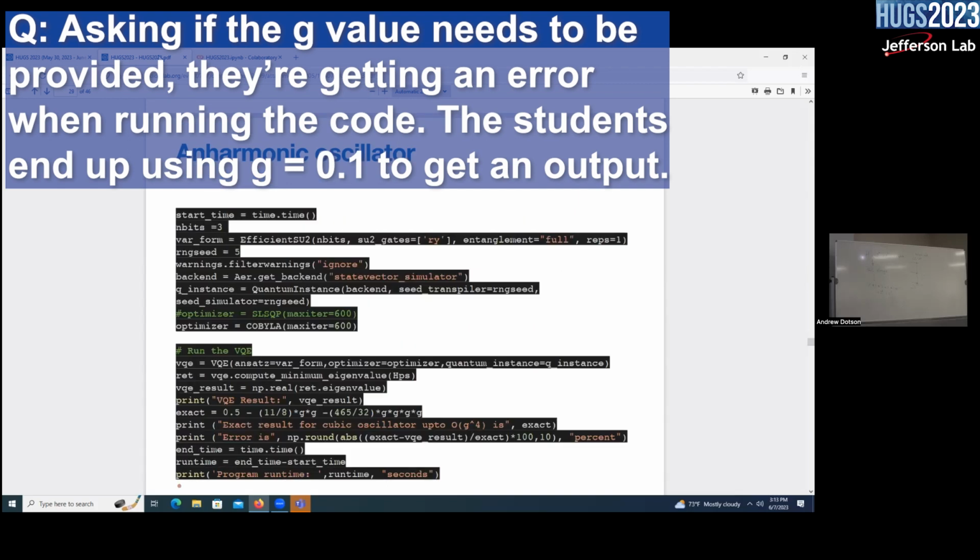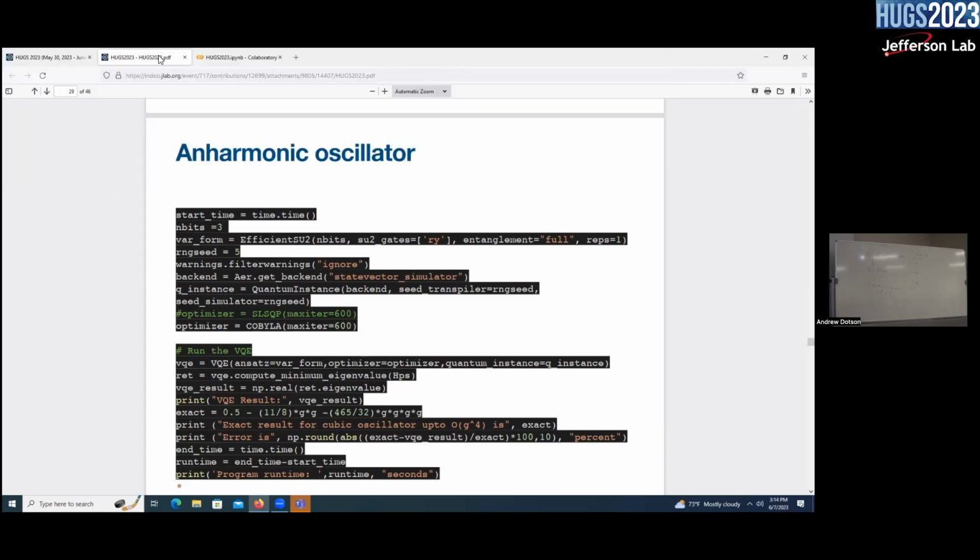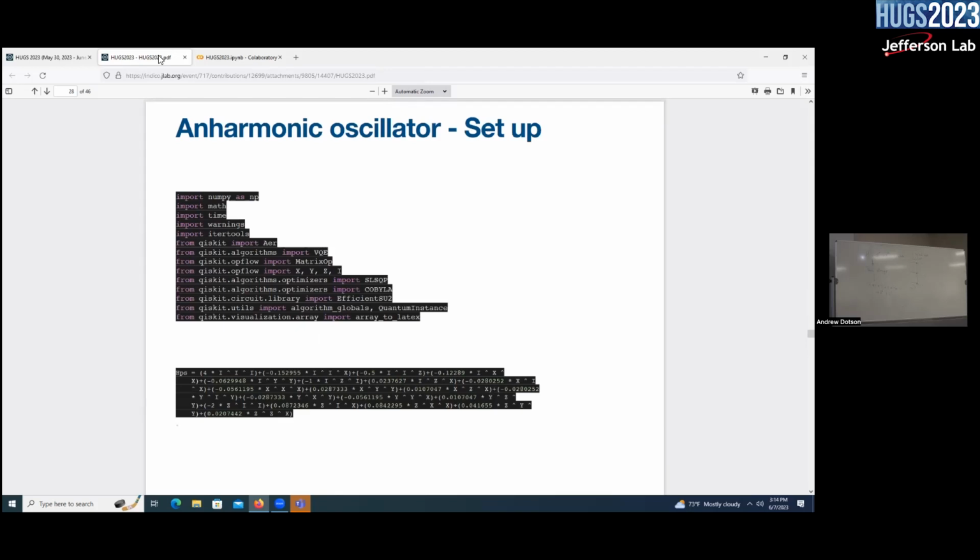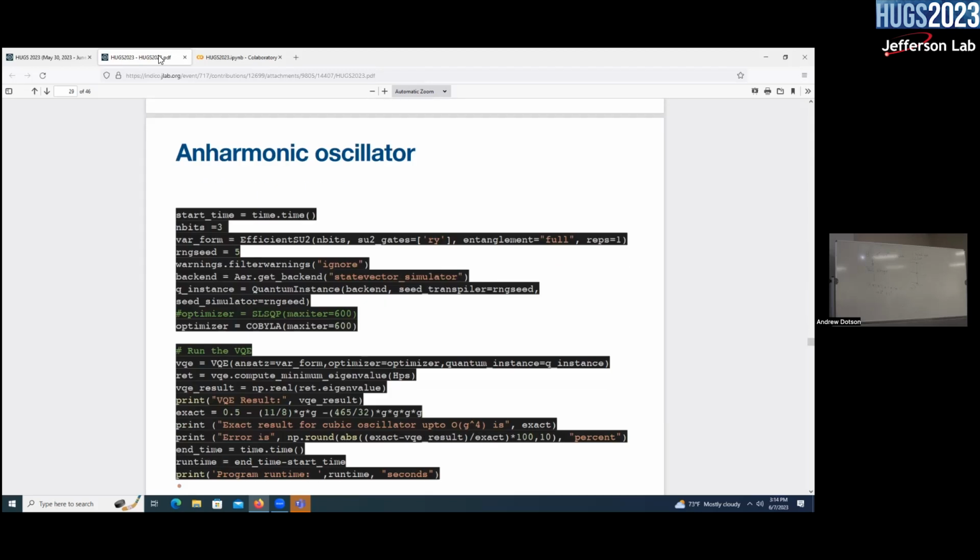I completely forgot the value of G. I think it's in the article, but I don't have it here. The basic idea is that this string I generated was with some fixed value of G, and that is why these coefficients are dictated by that. But I forgot to write down the value of G when I was copying it to the presentation.